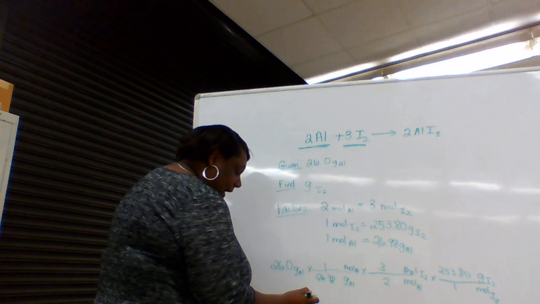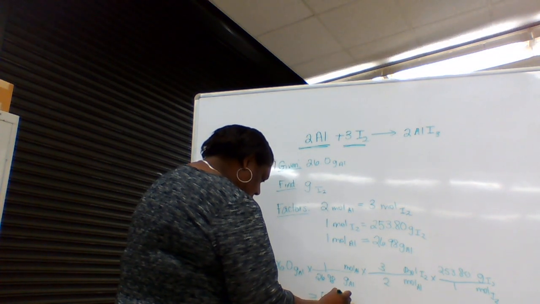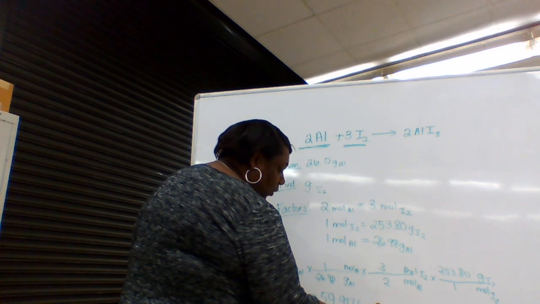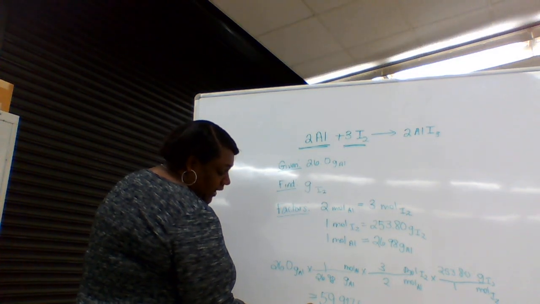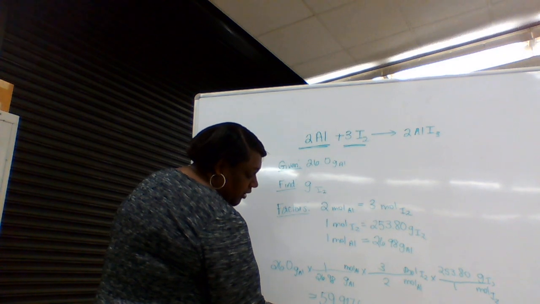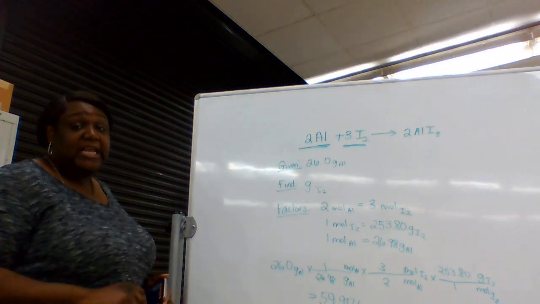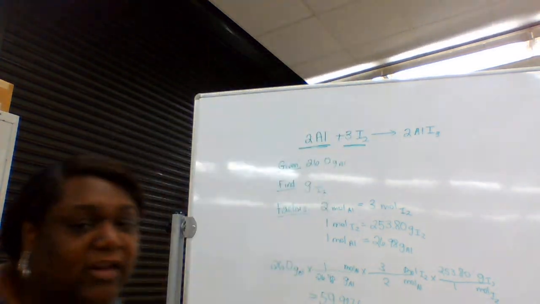And so when I do that, the answer I get is 59917.6 grams. And when I give that with correct sig figs, my answer needs to have 3, so that would be 59,900 grams of I2.